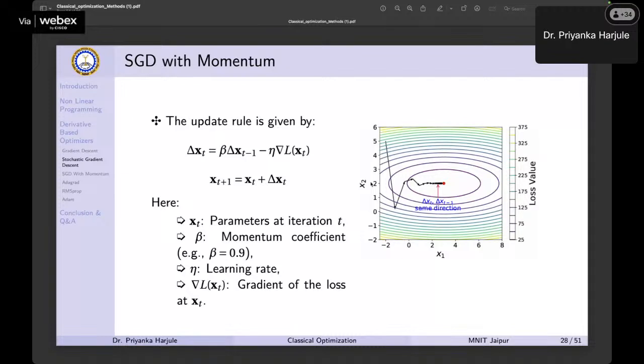But there is again a challenge in this also. When the topology of the loss surface is not ravine-like or bumpy in nature, momentum can overshoot the minimum. That we will come to a bit later.